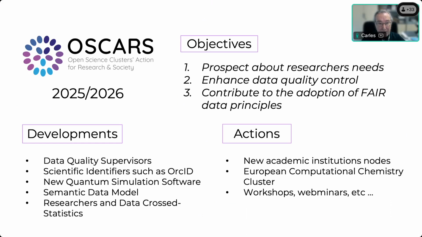And well, in these next 2 years, we hope that new academic institutions will set up nodes of our distributed database and use our platform. We expect to set up a cluster on computational chemistry under the platform of this European Open Science Cloud. And we plan to organize workshops, webinars, etc. So I think that we will have opportunities to meet again in the near future.